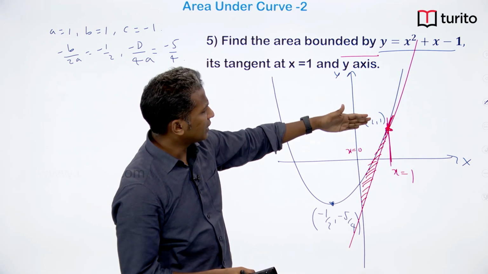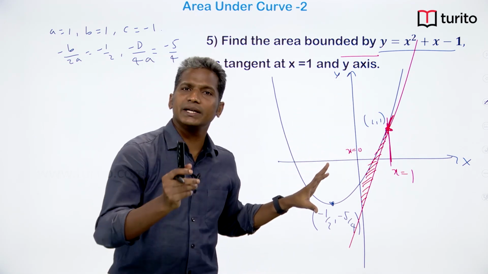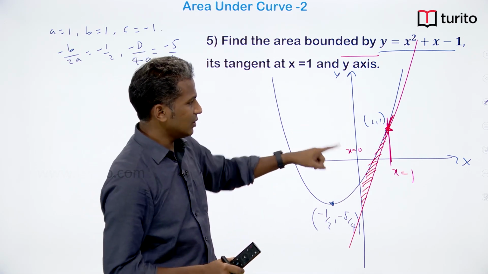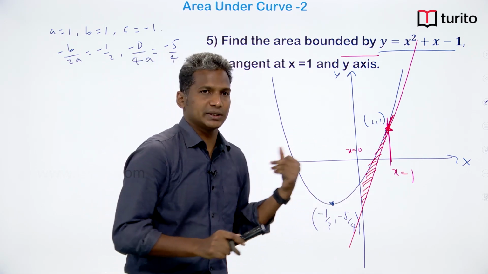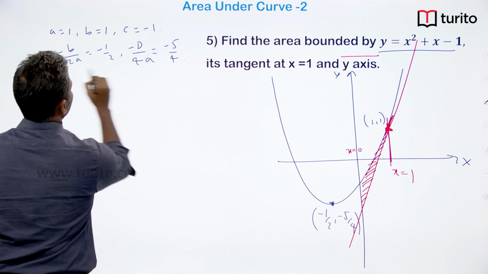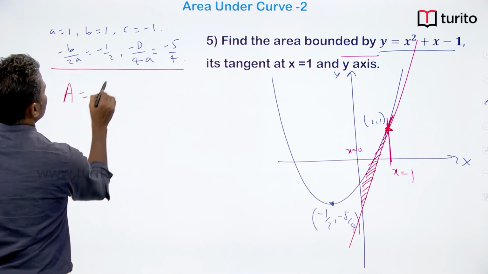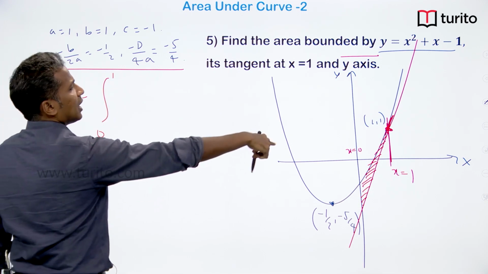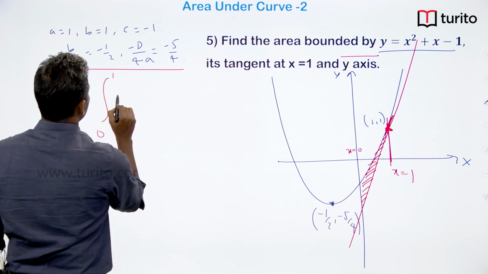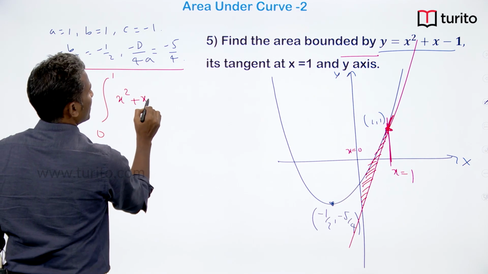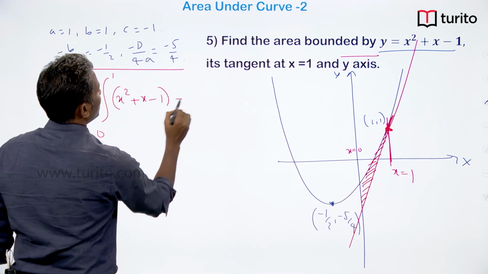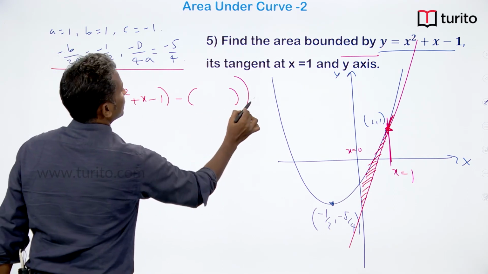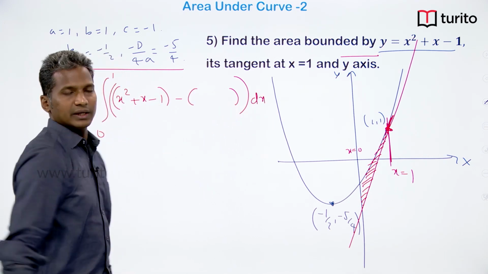So I can go for above curve minus below curve idea. That means I am integrating with respect to x, because this is the idea of area formed with x axis. So how do we do it? Area is equal to integral from 0 to 1. Above curve is present, so x square plus x minus 1. And below tangent must be present. We do not know the equation of tangent, so I just left it vacant.